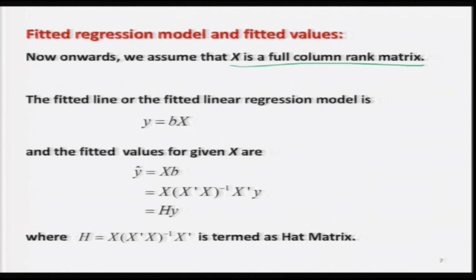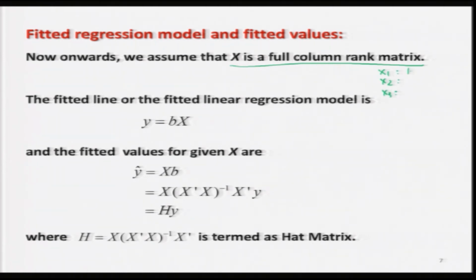Well, just for your information, it is possible that X may not be a full column rank matrix, and yes, this also happens. That means all the columns X1, X2, Xk are not independent, they have got certain relationship. For example, take 3 variables X1, X2 and X3.